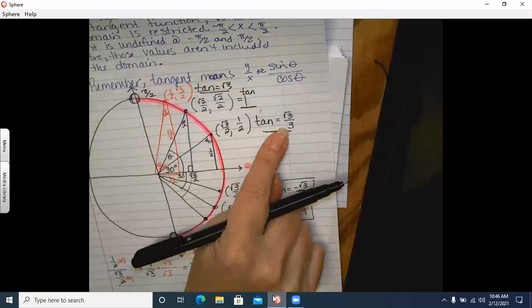So we said the angle that gave us a tangent of square root of 3 over 3 is the 30-degree angle. However, we're going to convert it to radians. So I'm going to put multiply, not equals. Multiply by pi over 180 degrees. And I get what? Pi over 6.